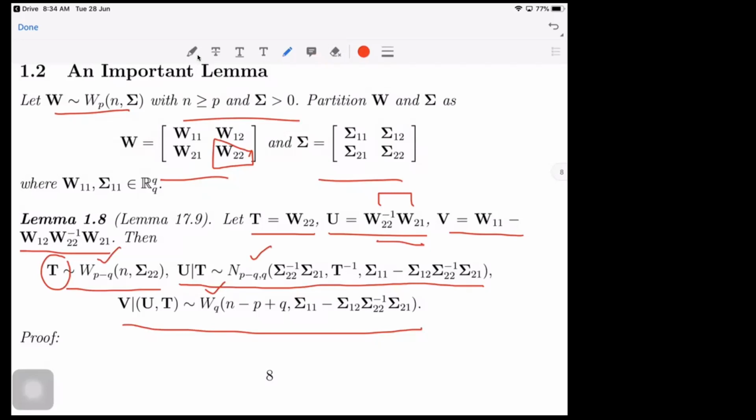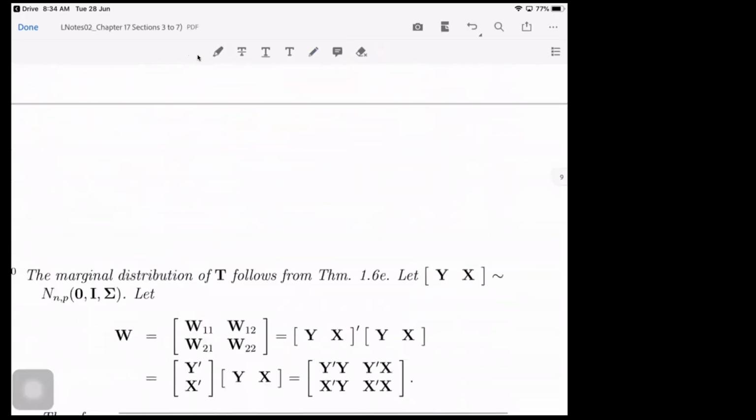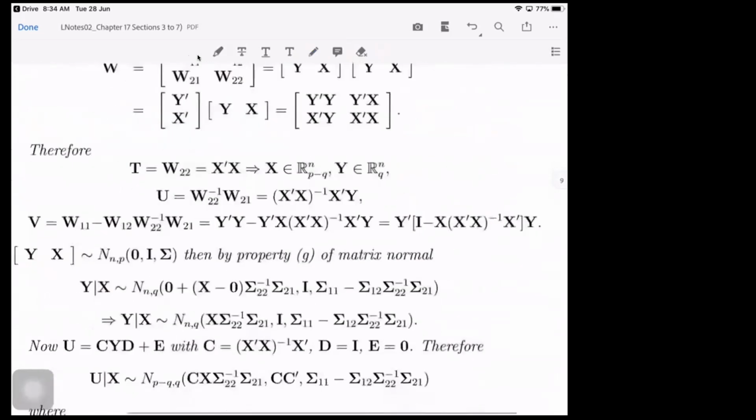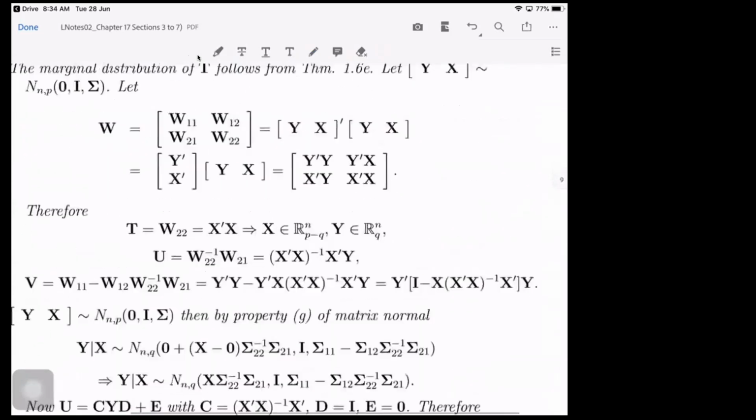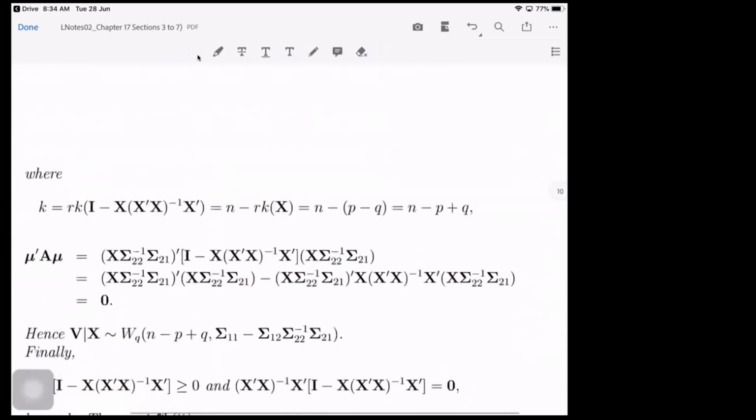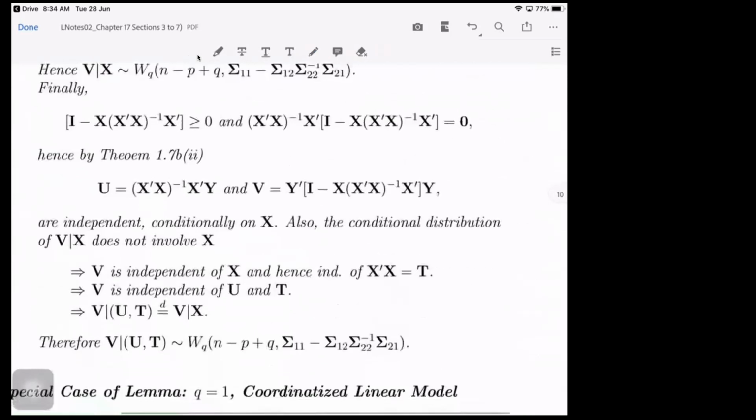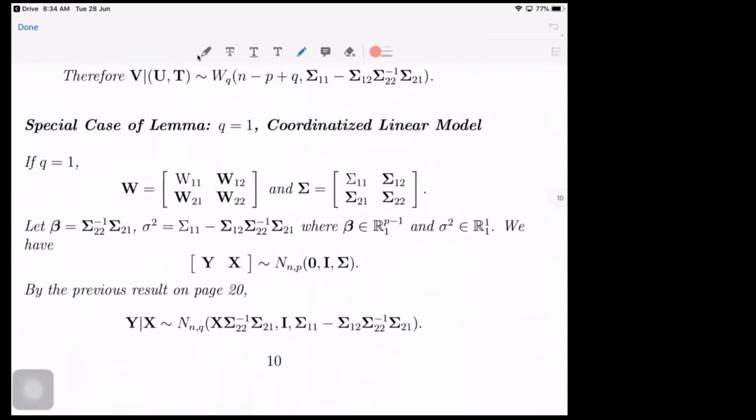Now, the use of this important lemma, in particular when Q is equal to 1, is the flow of the proof here. This is quite long, but look into it and understand it. One application of that important theorem is when Q is equal to 1, and that will be your coordinatized version of the linear model.